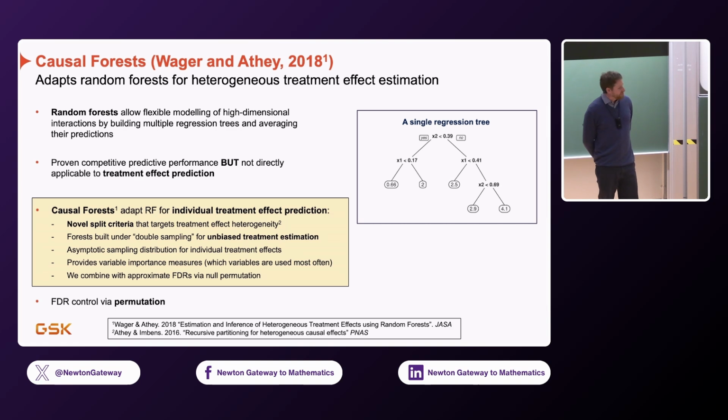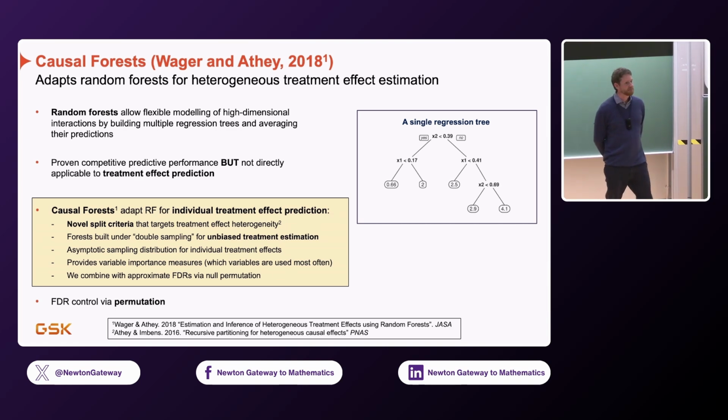To fit that tree, you would optimize for a classical model fit criteria like minimizing residual variance, for example, to decide which features and in which order and which thresholds.